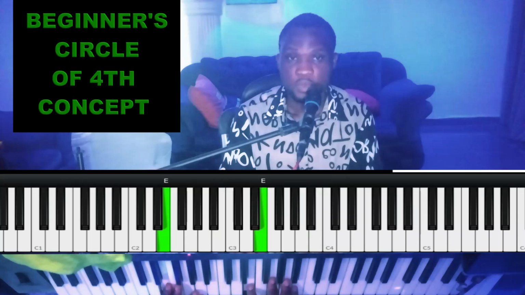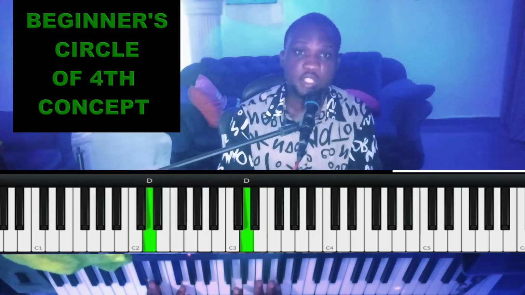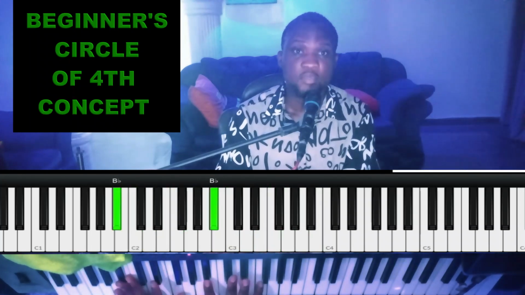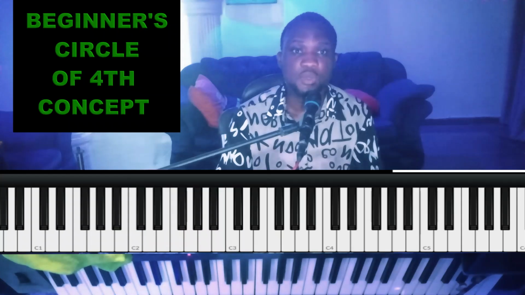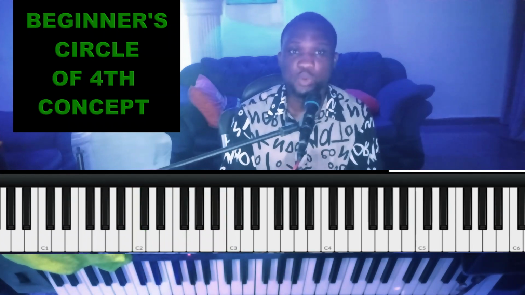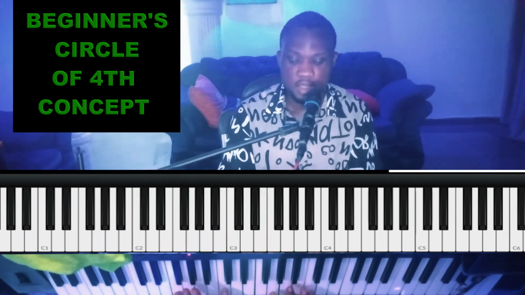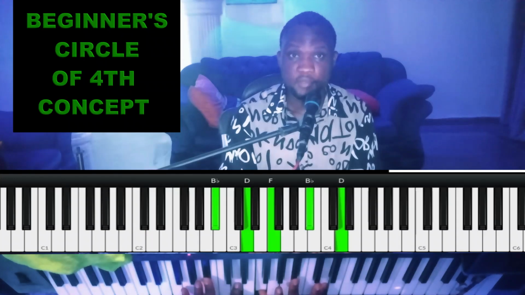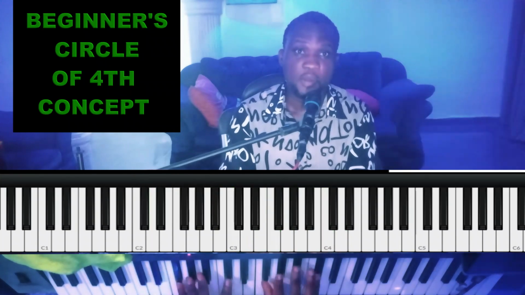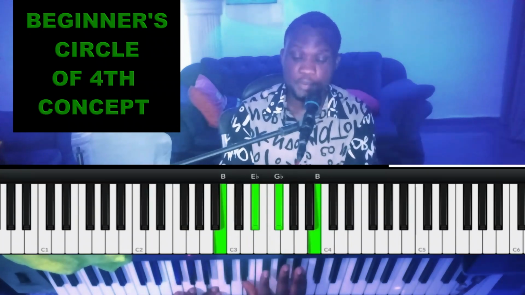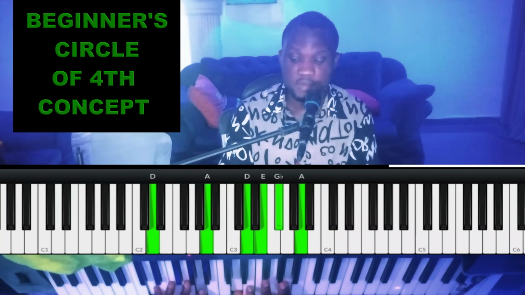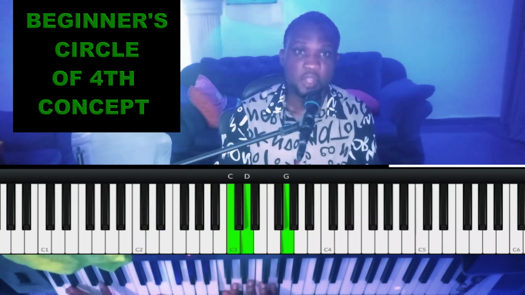E, A, D, G, C, F, B flat, and continuously like that, going through a circle of fourths, and that is why it is called a circle of fourths, because from C, F, B flat, E flat, A flat, C sharp, F sharp, B rather, from B, E, A, D, G, and then you are back to C.